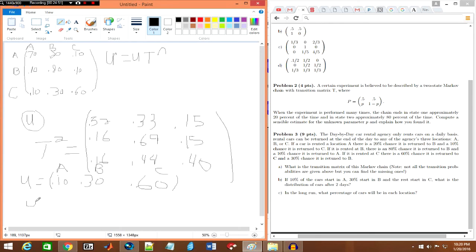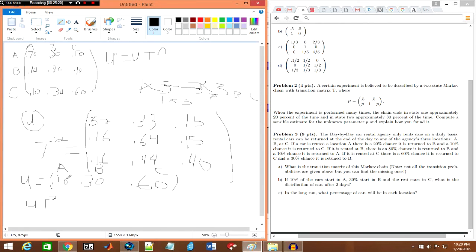So U times T squared, since this is a 1 by 3 matrix and that's a 3 by 3 matrix, the 3s cancel out, and you get a 1 by 3 matrix back, which should tell you the probability for A, B, and C.